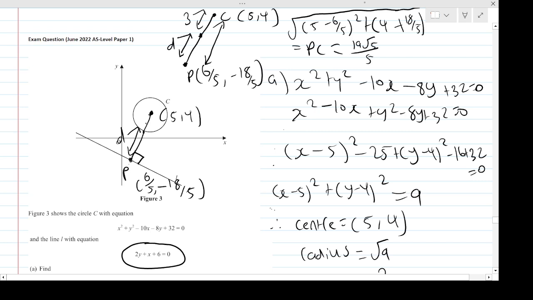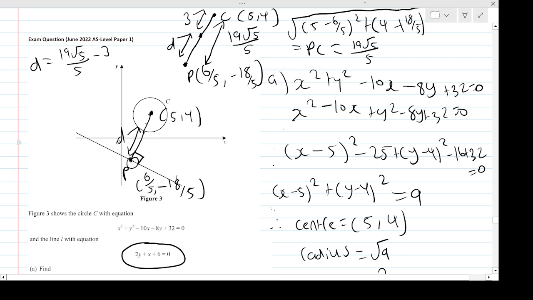Okay, so the overall distance here between P and C, the center of the circle, so then the distance from the line P to the edge of the circle, D, is going to be the overall distance 19 root 5 over 5, take away the radius 3.